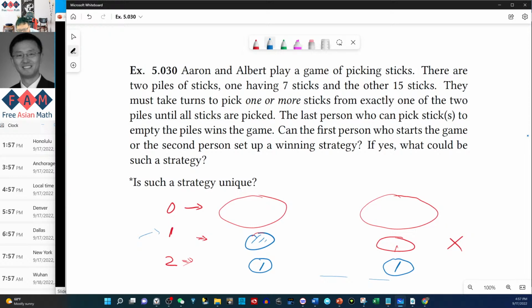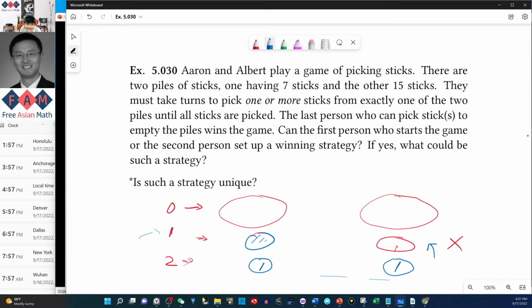If there is one pile having more than one stick, this guy can avoid this situation, because he will continue to pick one stick from that pile which has more than one stick, right? He can avoid the situation where he must, at this point, empty one of the two piles and create a winning situation for the next player.